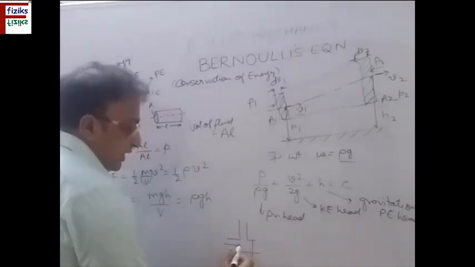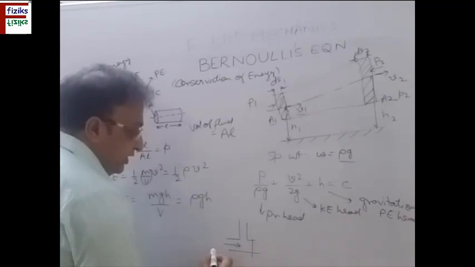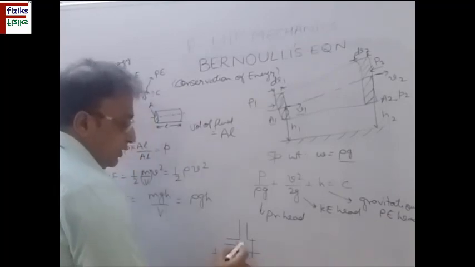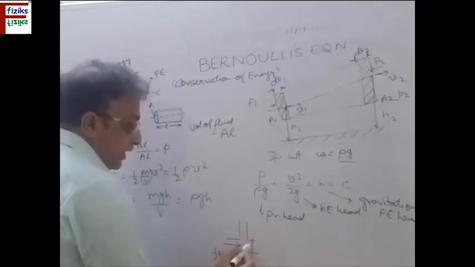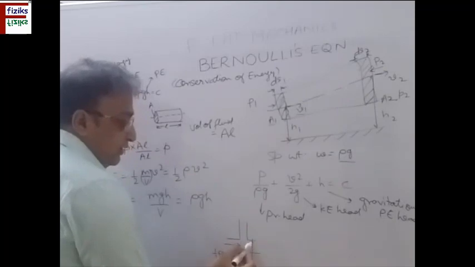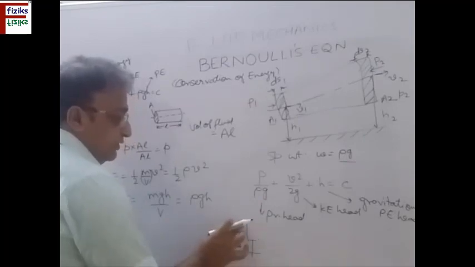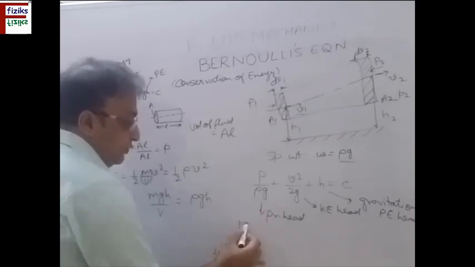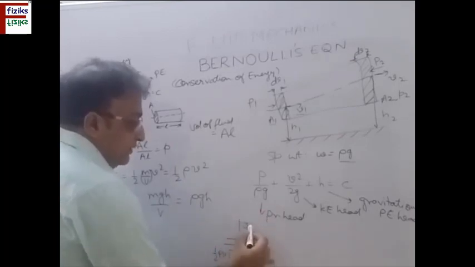Because of this, the fluid has kinetic energy half rho V square per unit volume, and here the kinetic energy suddenly becomes zero. Because the pressure here and here is atmospheric, as this is open to atmosphere, to compensate for this the fluid will rise to some height h.